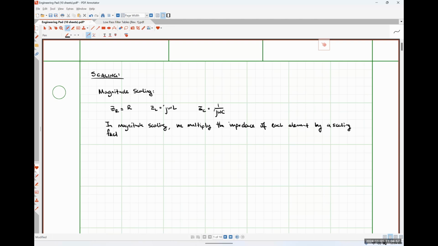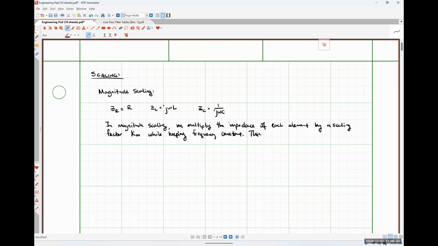And we're going to call this scaling factor K sub M, while we hold the frequency constant. And in doing so, this gives us new relationships.